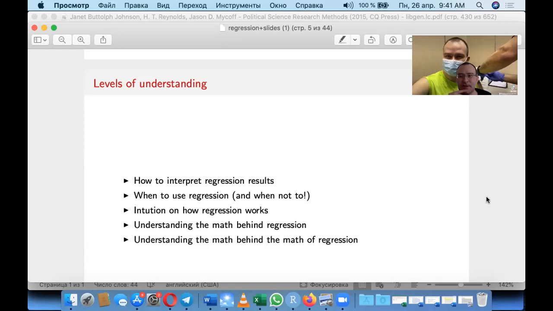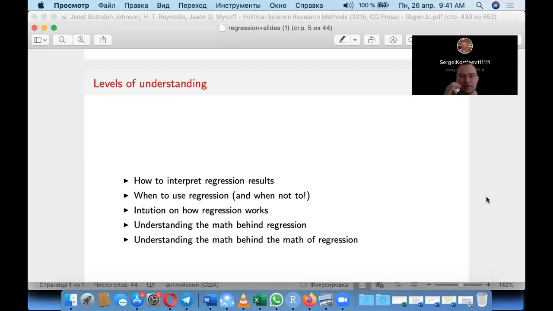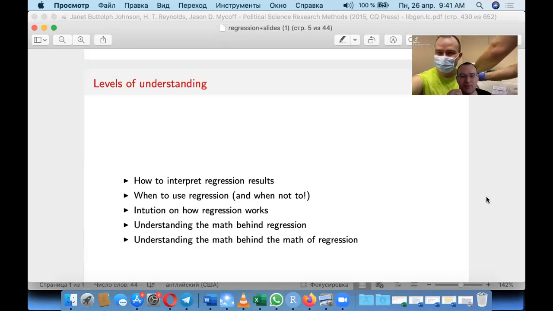So for instance, if your dependent variable is interval ratio and has lots of values. Remember, we have basically three main types of variables: nominal, ordinal, and interval ratio. So if your dependent variable is interval ratio and it has lots of values, you probably do a linear regression.